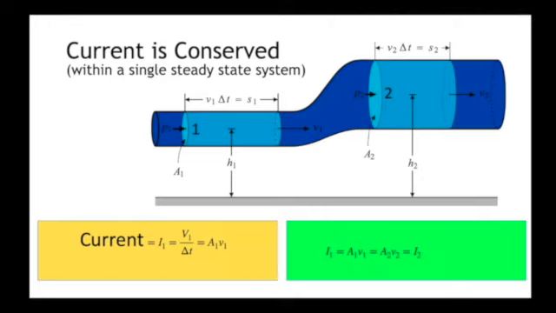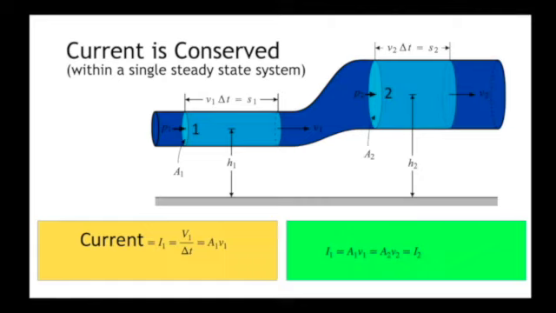So in a steady state fluid system, current is conserved. What that means is that my current here is my current here, is my current here, is my current there. Current is the same everywhere. Current is calculated by multiplying the cross-sectional area by the speed that the fluid is moving. We don't need to do the full derivation of it, but basically you can derive that from the volume of fluid in this cylindrical piece moving through a certain point in a certain amount of time.